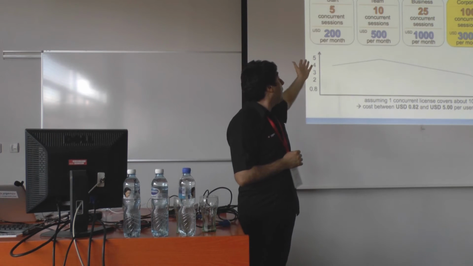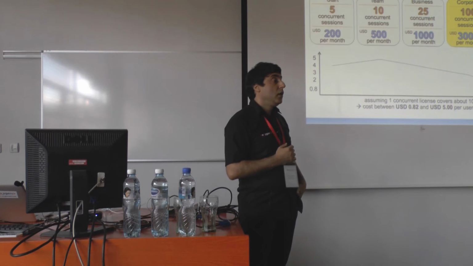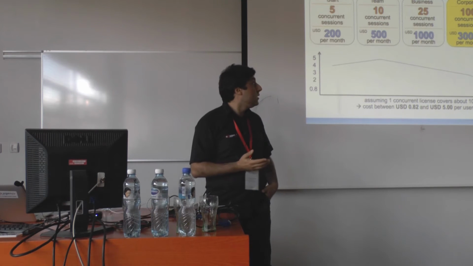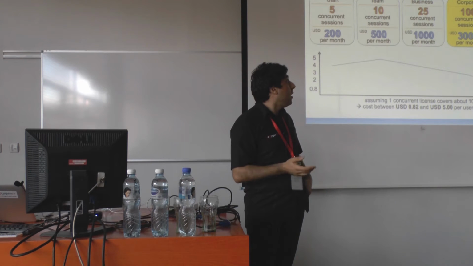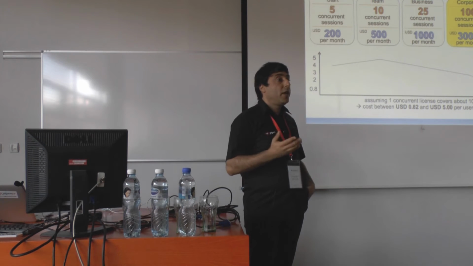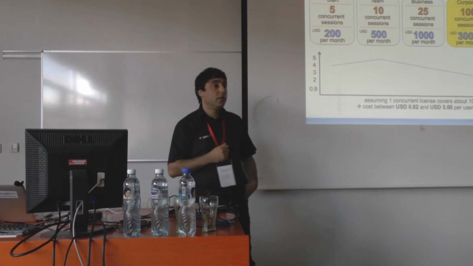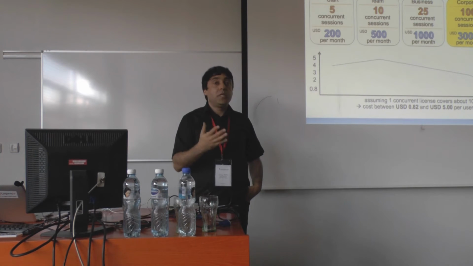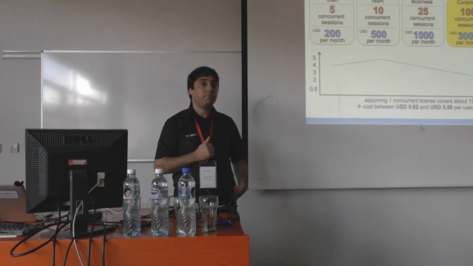We have a start package with 5 concurrent sessions at $200 US per month, for instance, and a corporate package with 100 concurrent sessions, which will be like handling 1,000 users, at $3,000 per month. This is how we decided to license this commercially.